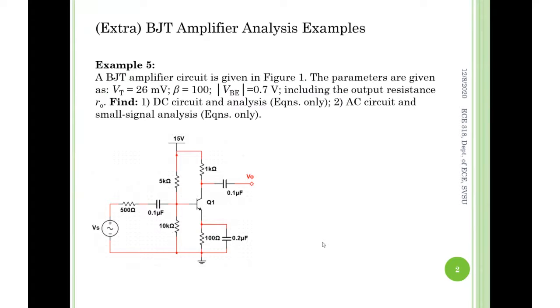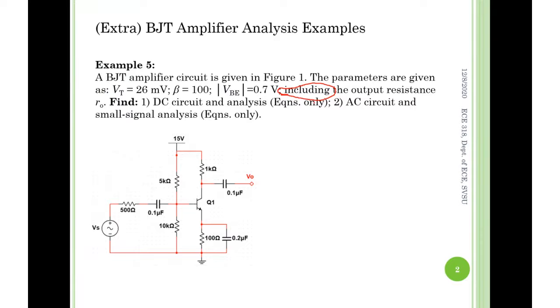The problem tells you whether to include the output resistance or not. You have to be careful on this, as this information is very important. The problem can tell you either to include it or not, or let you know by giving you the VA information.